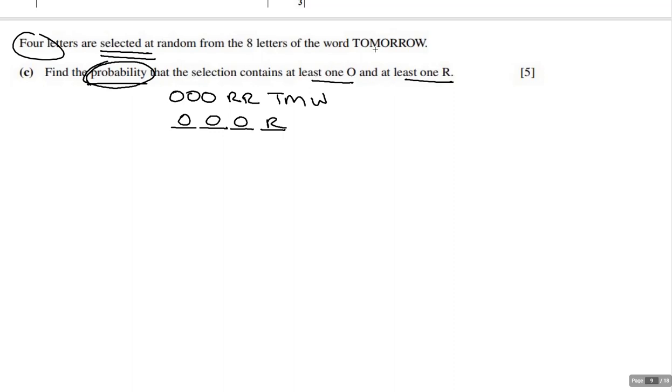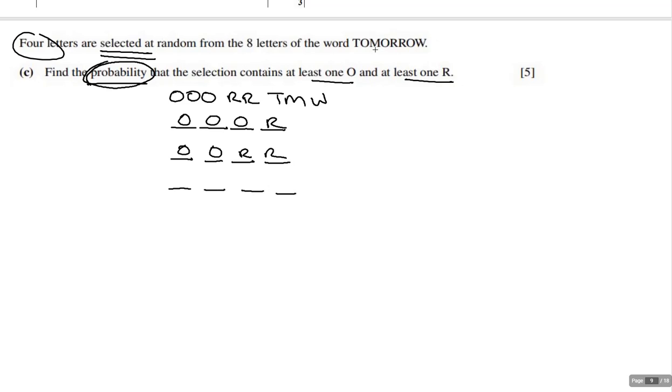are you with me on that? Yes. That's one way to meet the criteria, yes? Yeah. What's another way to meet the criteria? 2 O's and 2 R's. So, 2 O's and 2 R's. What's another way to meet the criteria?